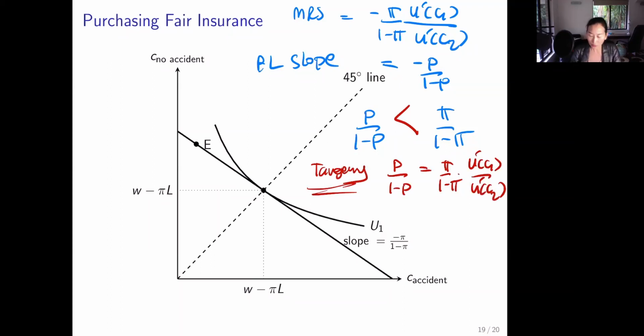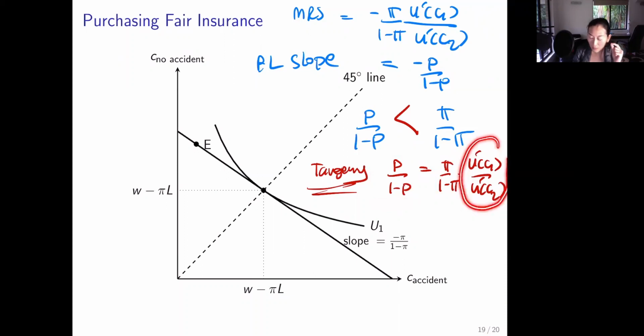Guess what? You have information about these two terms. You know that this one is smaller than that. For these two terms to be equal, what does it mean? That means this term has to be small, given that this one is smaller than that, so this one is greater. So for these two terms to be equal, this one has to be small.